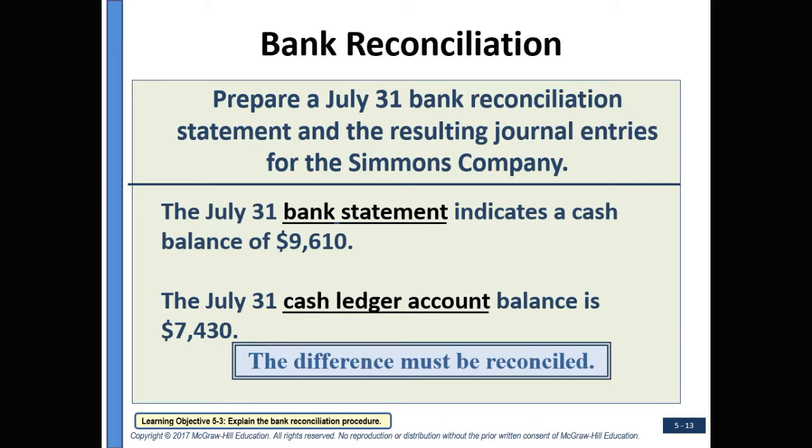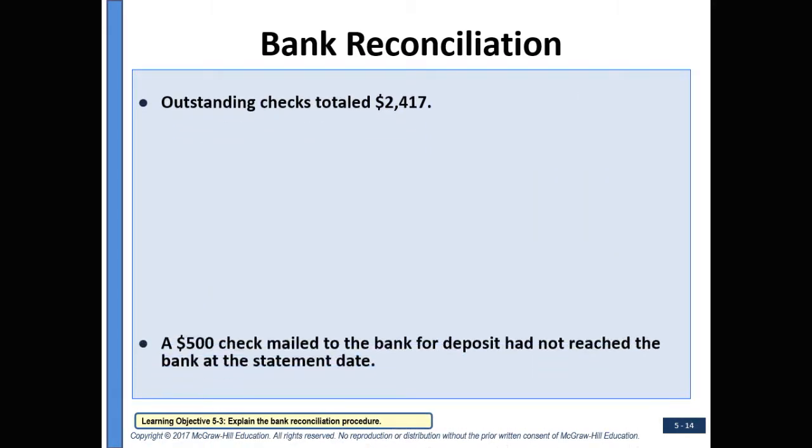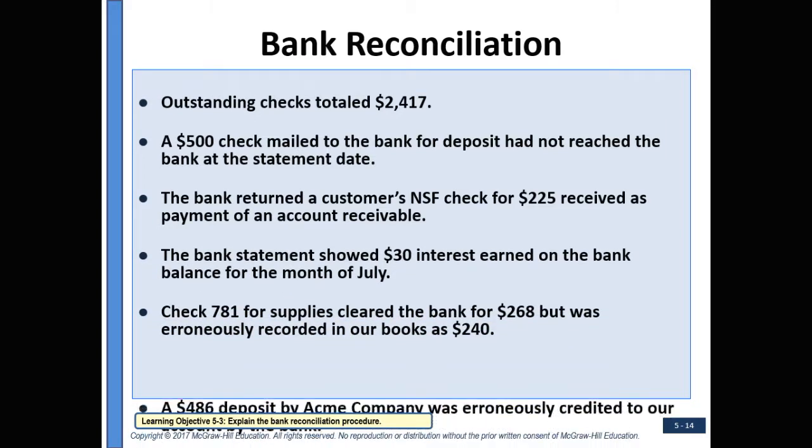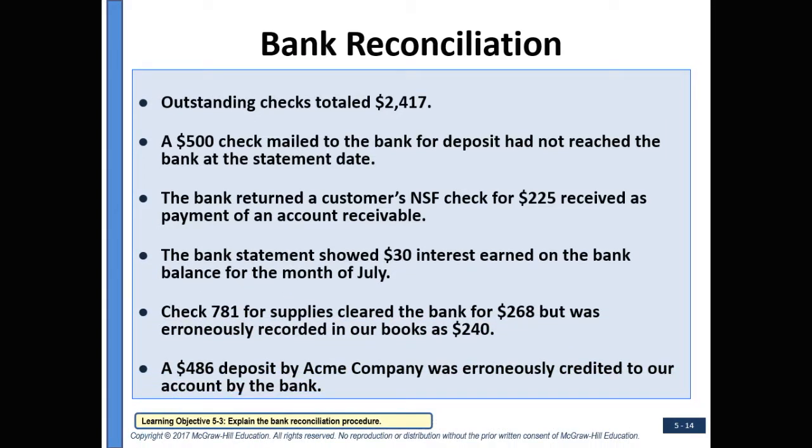So what are the details? The details are that there are outstanding checks totaling $2,417. A $500 check mailed to the bank for deposit had not reached the bank at the statement date. The bank returned a customer's NSF check for $225, received as payment on an accounts receivable.